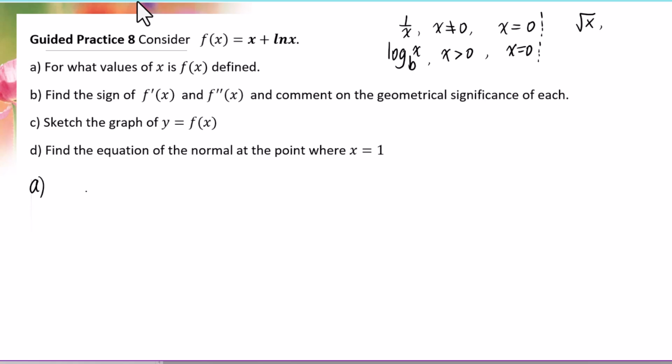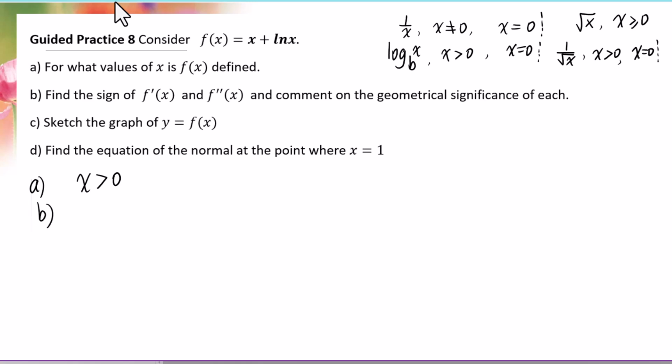Square root of x: x is greater than or equal to 0. 1 over square root of x: x greater than 0, then x equals 0 is a vertical asymptote line. Try to remember the first 3 functions. Therefore, for a, x greater than 0, so that f of x is defined.